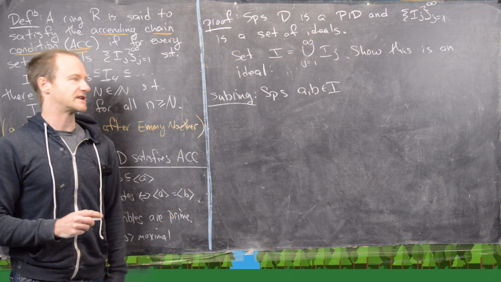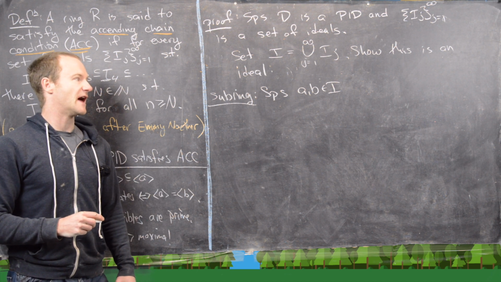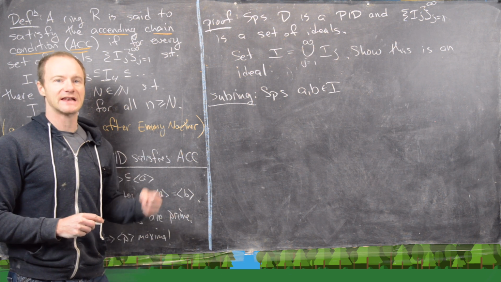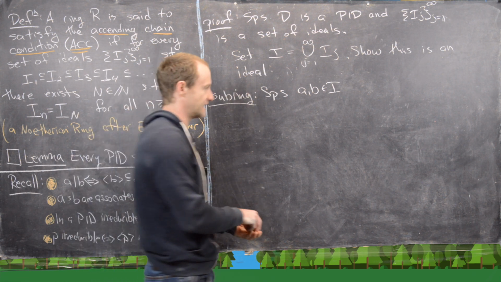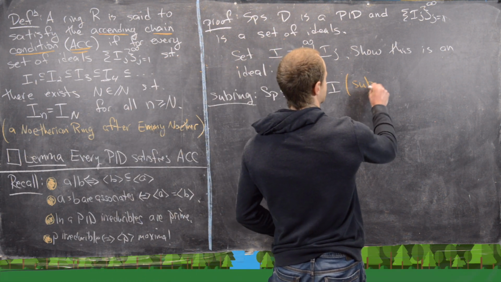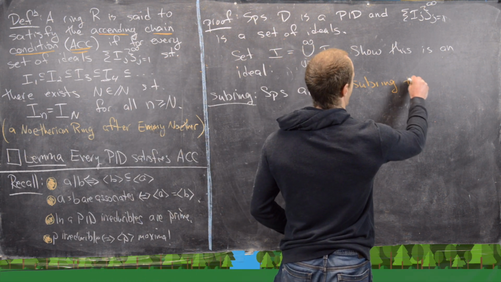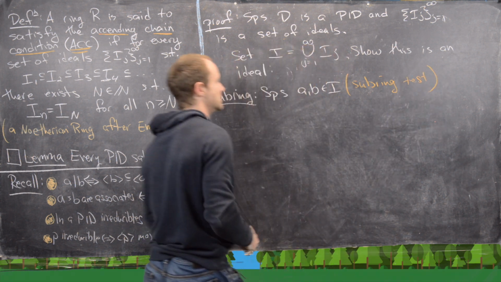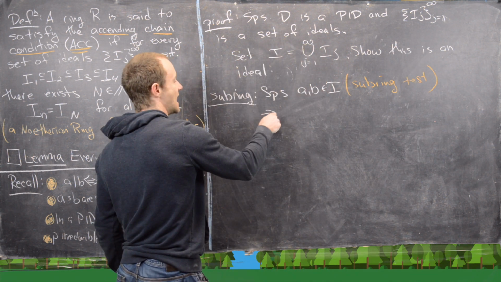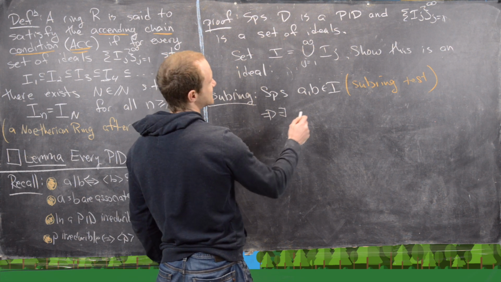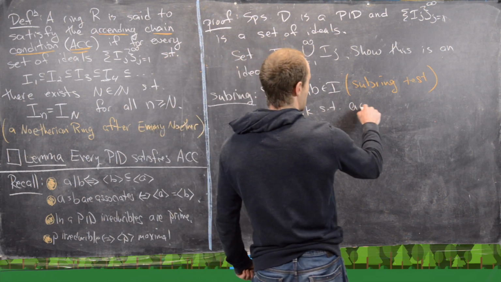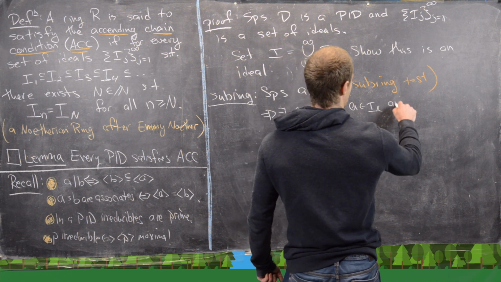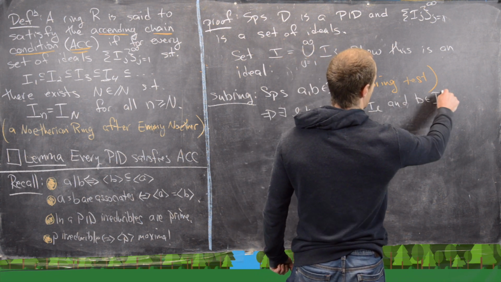We're going to use the subring test, which means we want to show that b minus a and a times b are in I. That's enough via the subring test. Being inside of I means there exist, let's call them l and k, such that a is in I_l and b is in I_k.